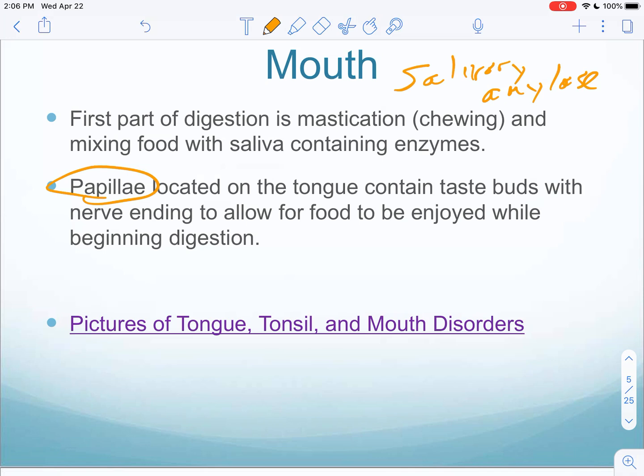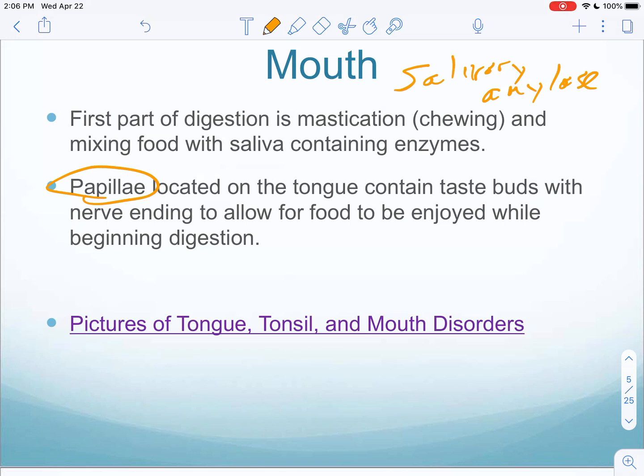that is not a term that is unique to the mouth. We've seen papillary before. If you remember, it was the upper portions of the skin in the dermis. They pushed up into the epidermis to create our fingerprints. We called that the papillary layer.